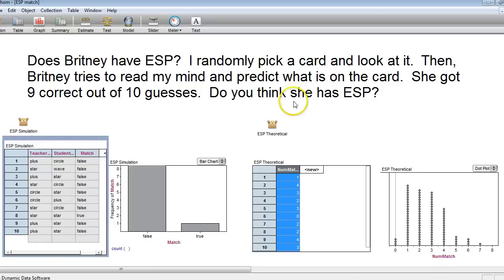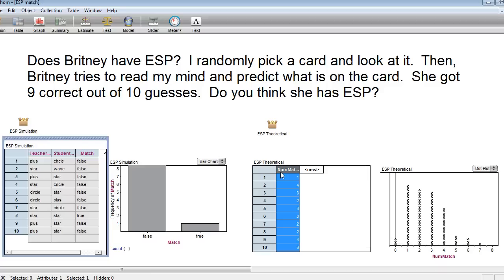All right, well, let's take a look over here at a more theoretical model using Fathom. We have a binomial situation here because we have success or failure. We have 2 different outcomes. She either guesses correct or she guesses incorrect. So there's either a match or there's not a match between what I picked and what she picks for what's on the card.